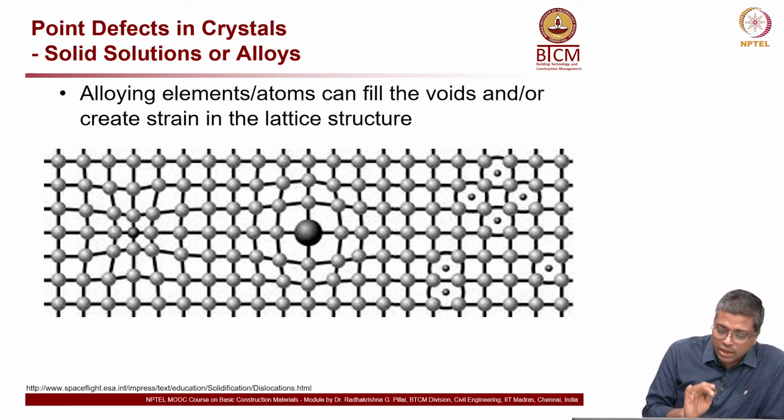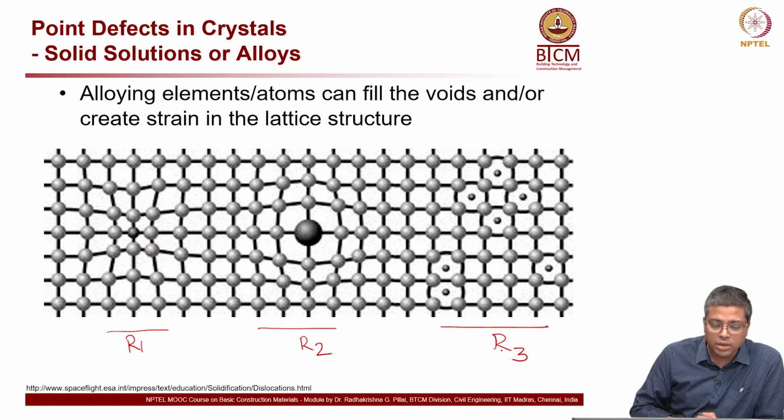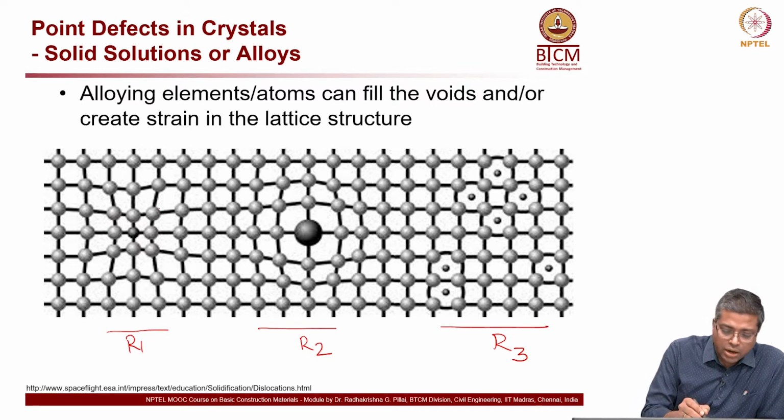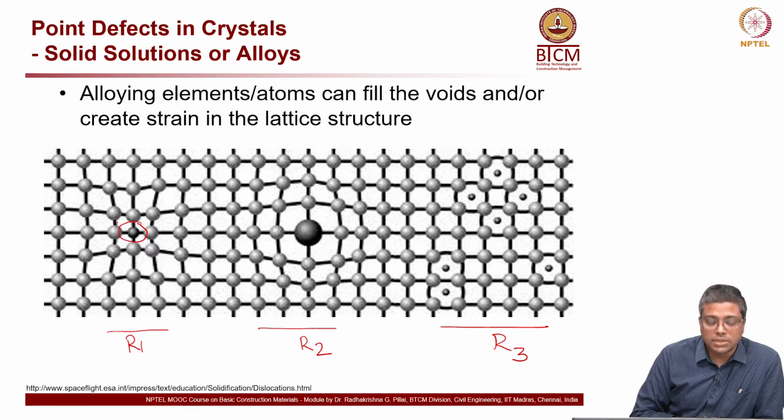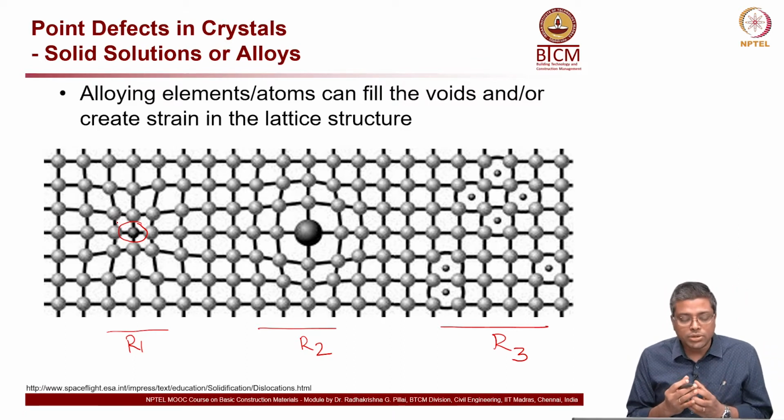So, look at three regions on this drawing here. Region 1 is here, I am going to call it R1, and then region 2 is here, I am going to call it R2, and then region 3 is R3. Okay. Now, focus very closely on this. In region 1, you can see that there is one smaller atom present at the center. When I have a smaller atom there, what will happen to the bond?